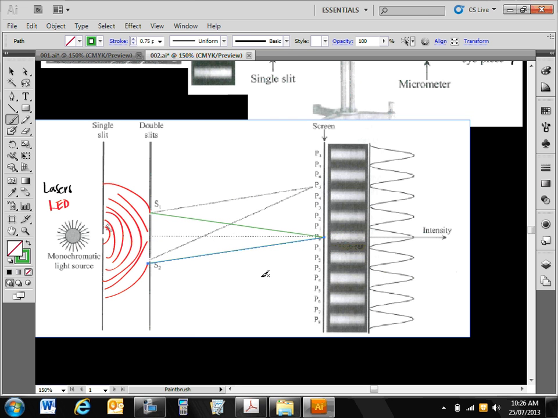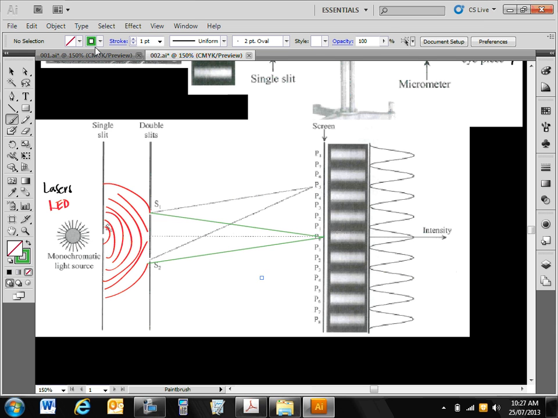When will they arrive with respect to each other, the diffracted waves coming through? At exactly the same time, somebody said yes. They will arrive here at the same time. And so what we're going to see is a path difference of how much? A path difference of 0 for the green lines, okay? And so we're going to see constructive interference at this point.